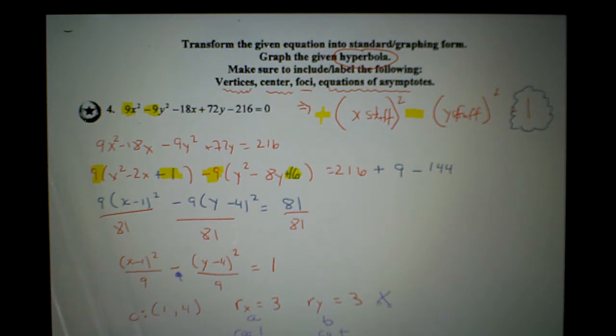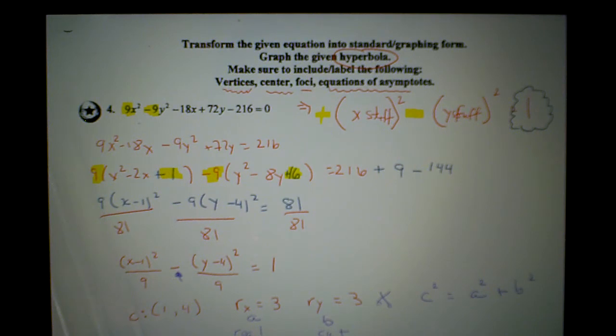So I have to find C. Remember, who's the big dog on the block here between A, B, and C in a hyperbola? Remember we did this in class? It's not A anymore. C is the Pythagorean big boy. Remember, in an ellipse, A squared is on the outside.